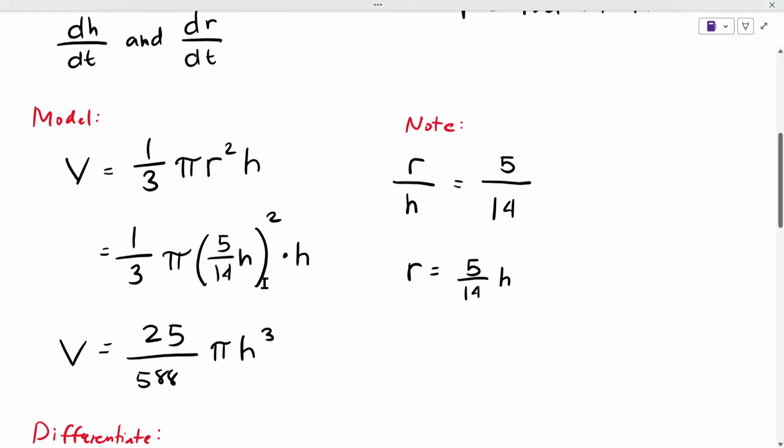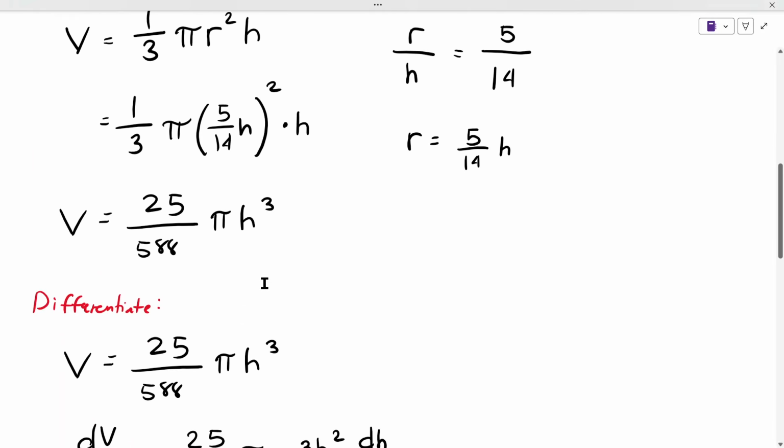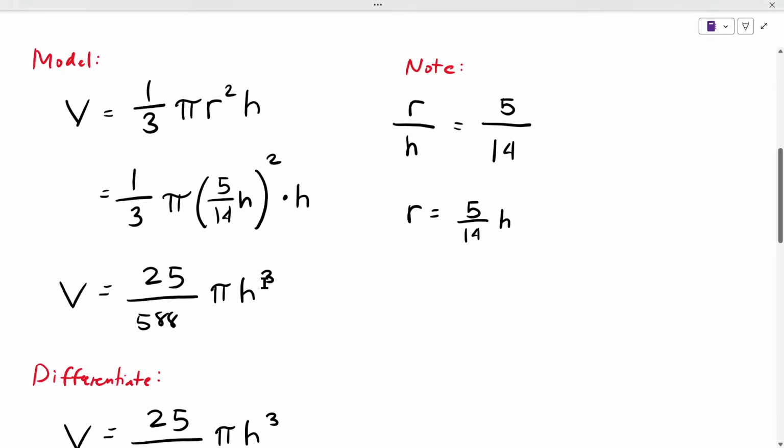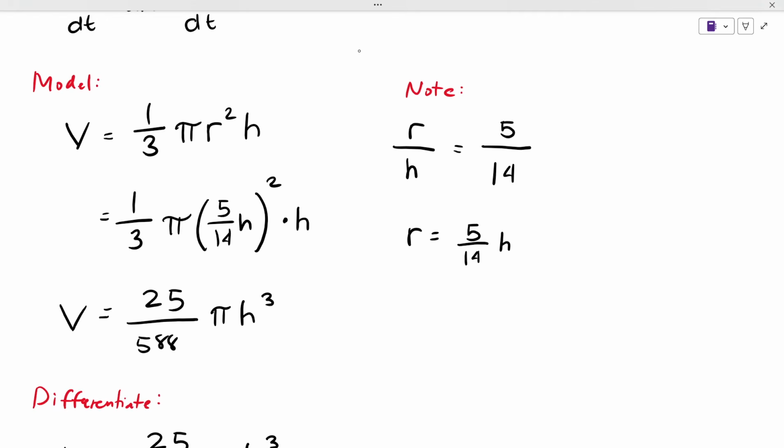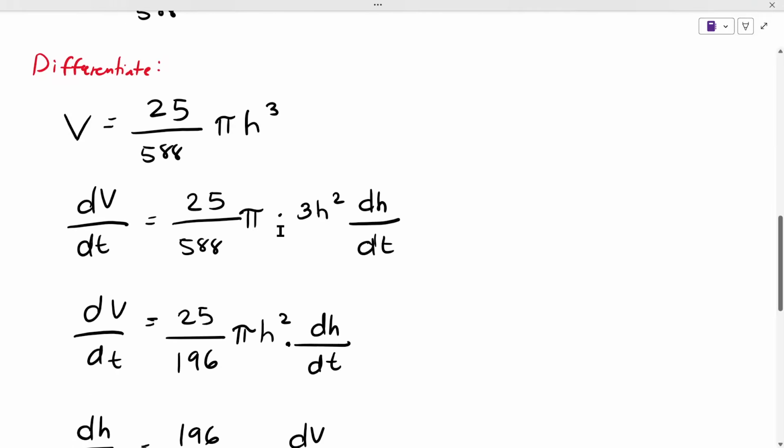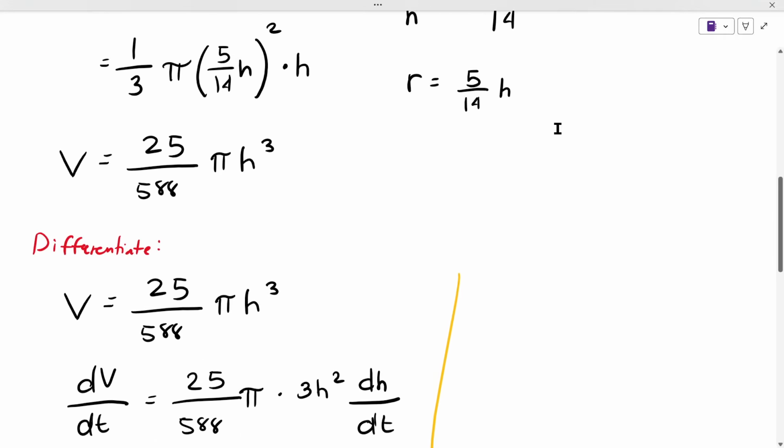We will be using the relationship between the radius and this height. So let's differentiate. You can use this r equals 5 over 14 h.